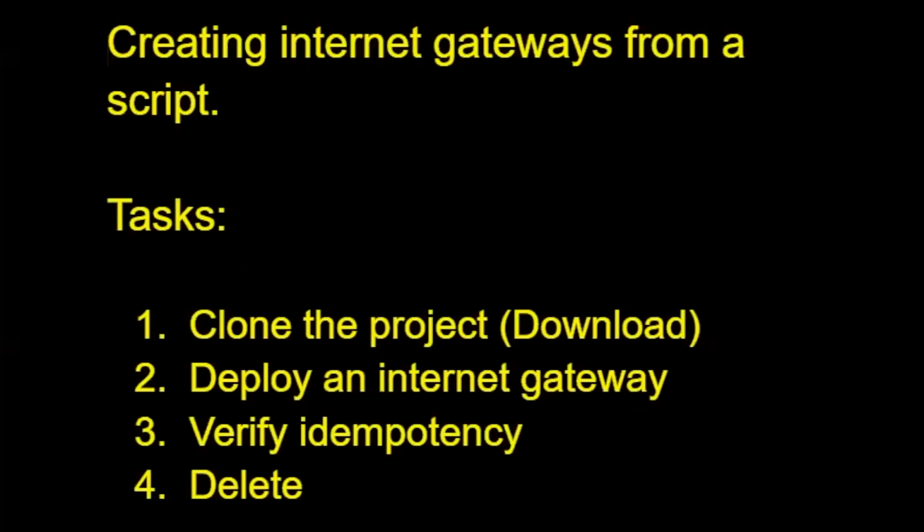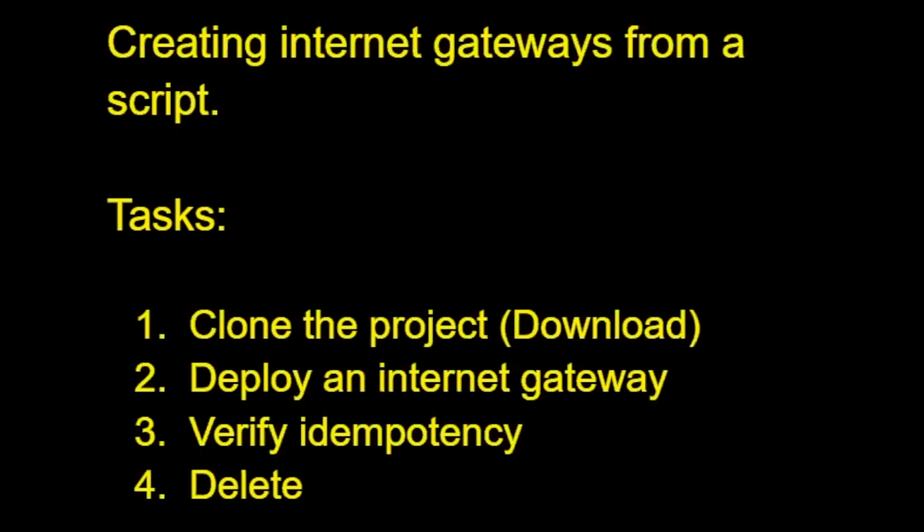So we are creating the internet gateways from a script. Again, we're using scripting here to deploy all these resources. And we are going to do the same dance that we do always. Clone the project, deploy it, verify idempotency, and delete it. In this case, the idempotency is really the one from the AWS CLI because there's no need to worry about duplicating internet gateways because you can only create one.